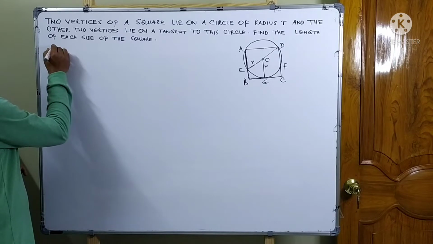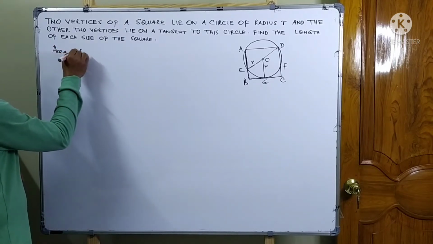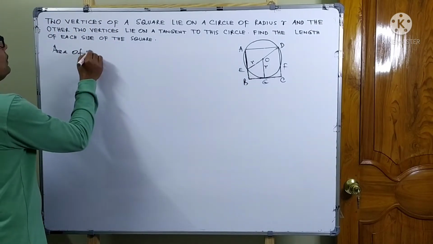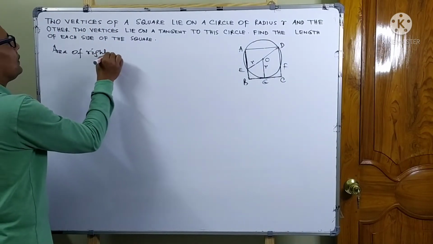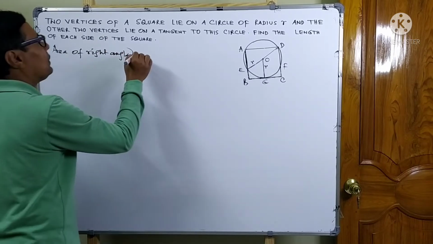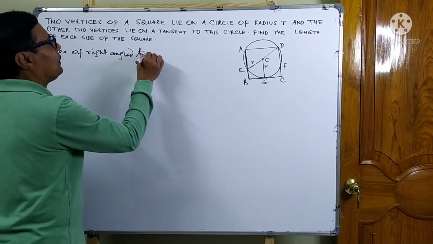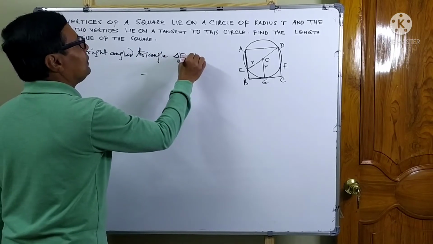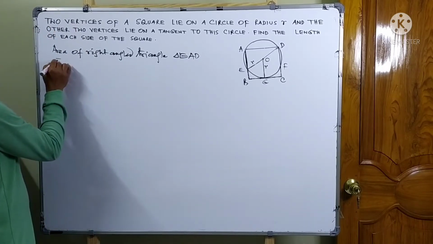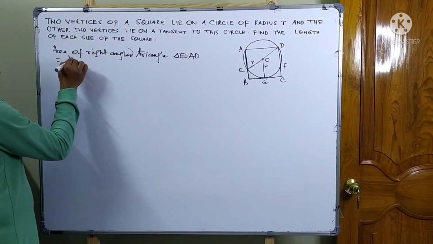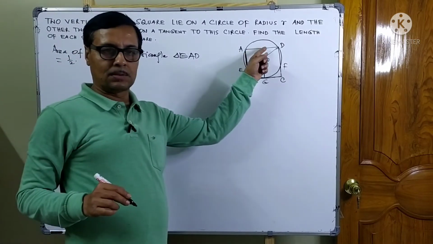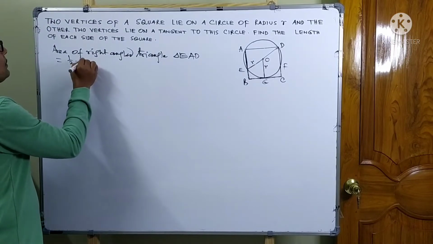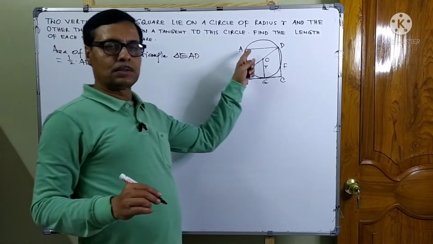Now, area of right angle triangle EAD is equal to half multiplied by its base multiplied by its altitude. Its base is AD and its altitude is AE.